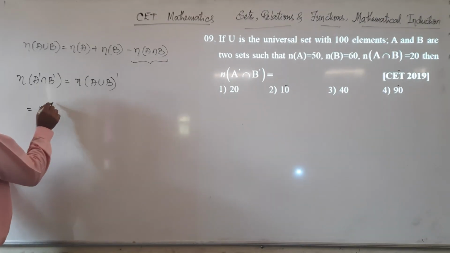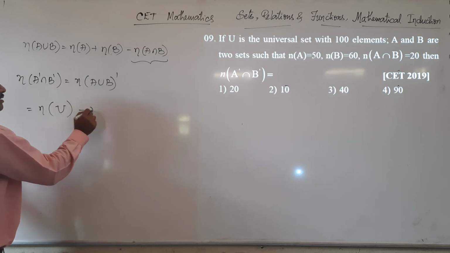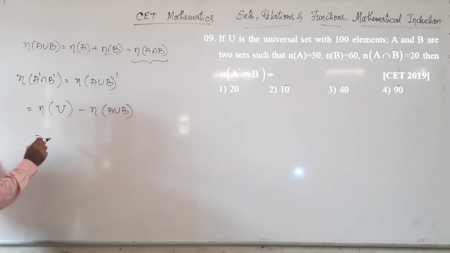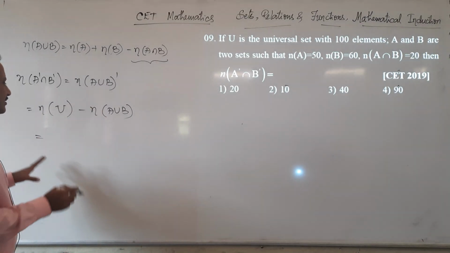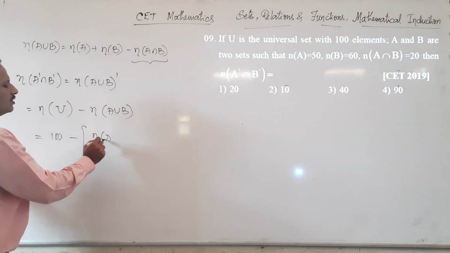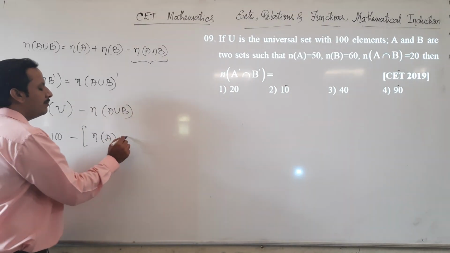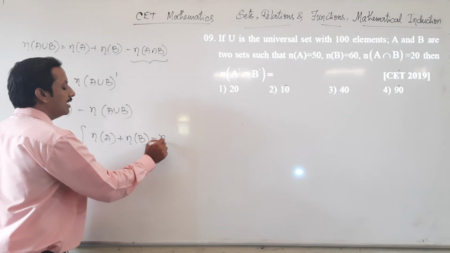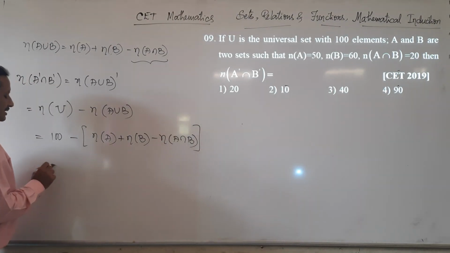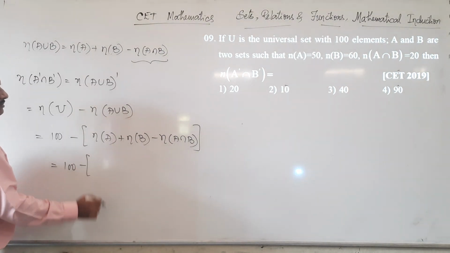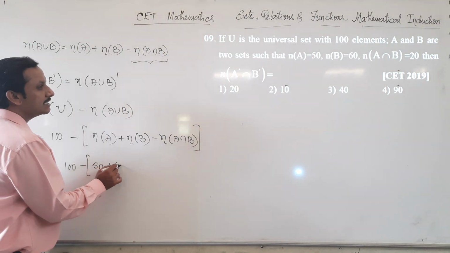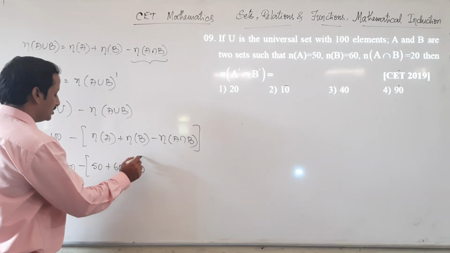This is equal to the number of elements in the universal set minus the number of elements in A union B. That's equal to n of U. U is the universal set with 100 elements, so n of U is 100 minus n of A union B. We know the formula already: n of A plus n of B minus n of A intersection B. Let me substitute all these values. n of A is 50, n of B is 60, n of A intersection B is 20.